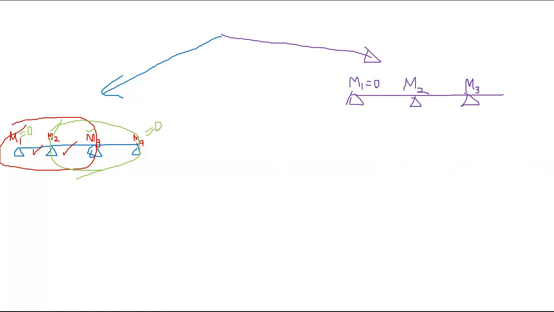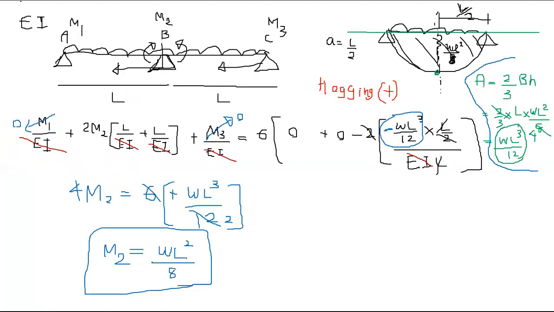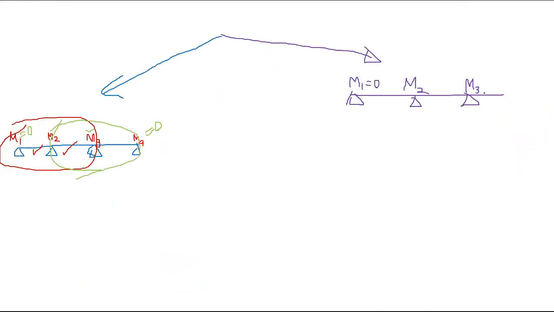But compared to this, now M3 is also not 0. But you can find M3. How? If you have any loading on this span, because this is the determinate part, M3 will be the load times this distance.